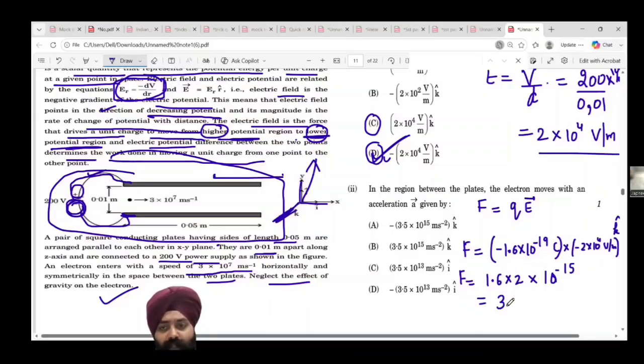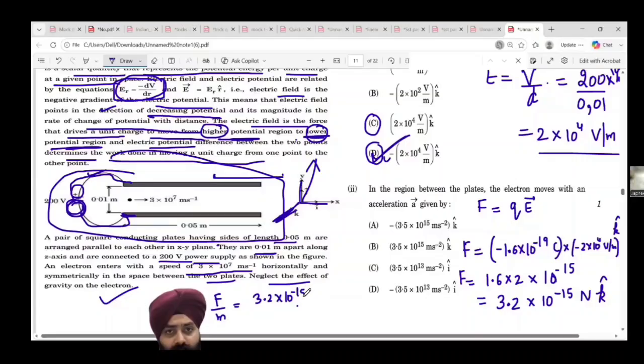This is 1.6 into 2, that is 3.2 into 10 raised to power -15. डन. ठीक है बेटा. न्यूटन के कैप, ये आपकी फोर्स आई है अभी. ये फोर्स से हमें कैलकुलेट करना है एक्सेलरेशन. फॉर्मूला फॉर एक्सेलरेशन इज, यू नो F इक्वल टू m a, तो a इक्वल टू F अपॉन m.